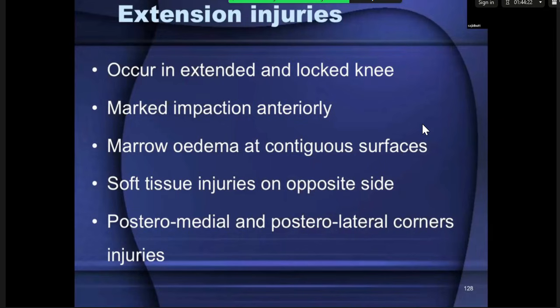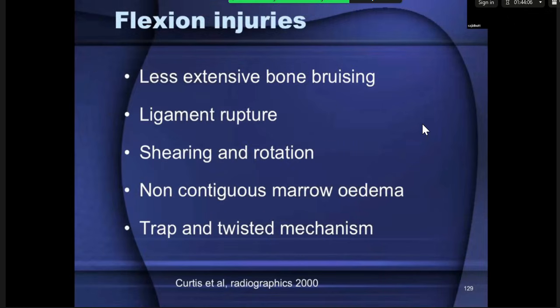You've got marrow edema at the bone surfaces which have been struck. And then you get soft tissue injuries present on the opposite side, i.e. back of the knee. And you get posteromedial and posterolateral corner injuries. So that's a classical pattern of injuries.